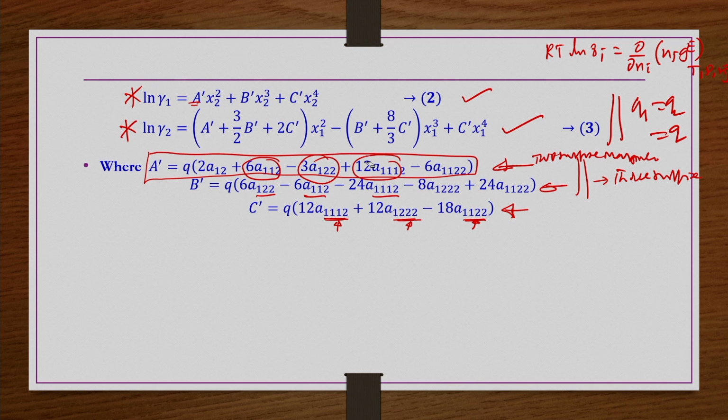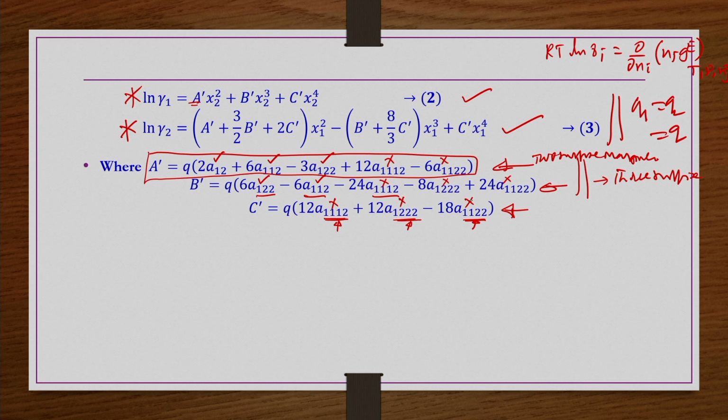So, under such conditions, let us say for the 3 suffix Margules equation, this term would be there in A and this one would also be there, but these 2 will not be there, because we are not including the 4th power terms. And in B also, this term would be there, these 2 terms would not be there, even this third term would not be there, and this will not be there at all.